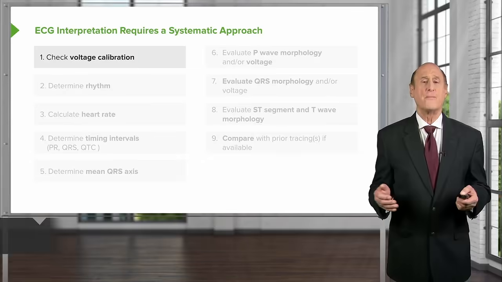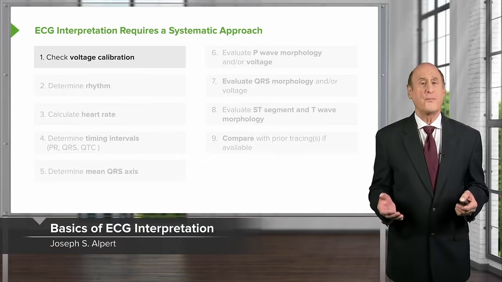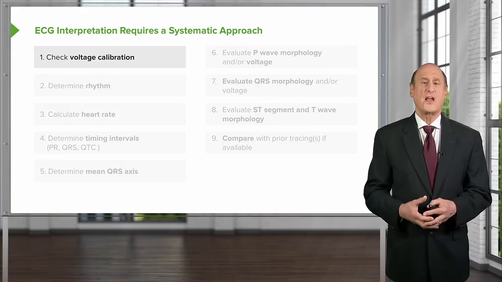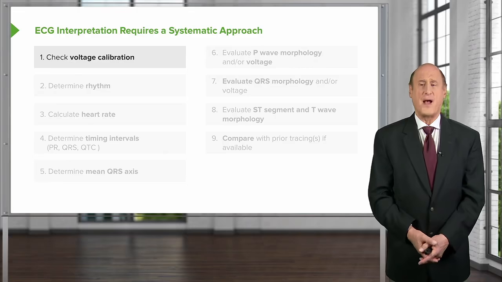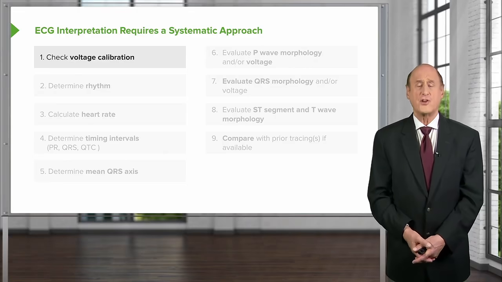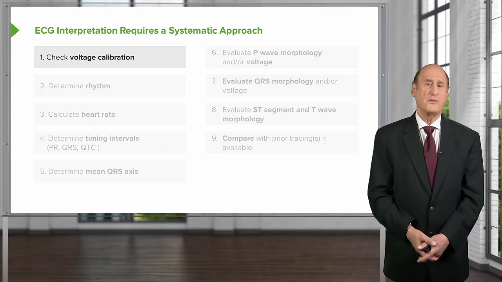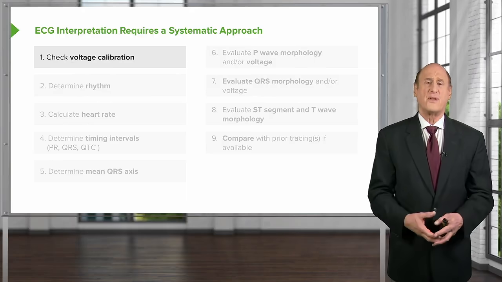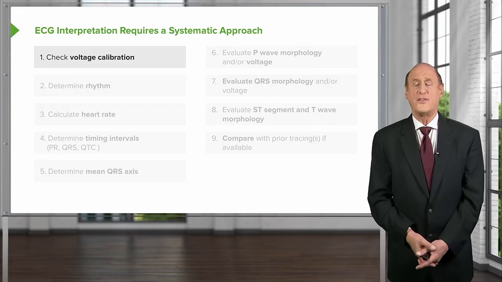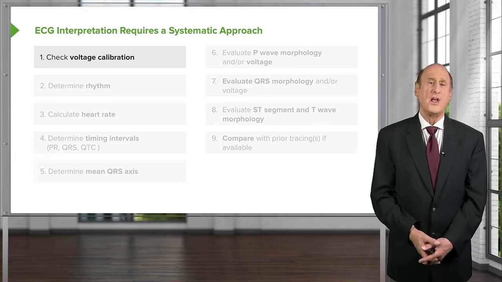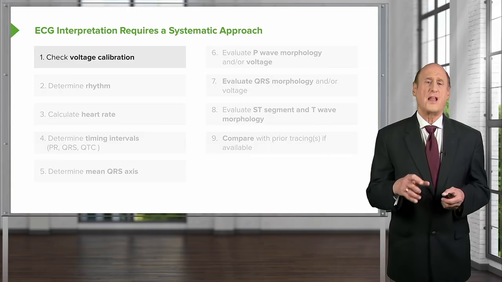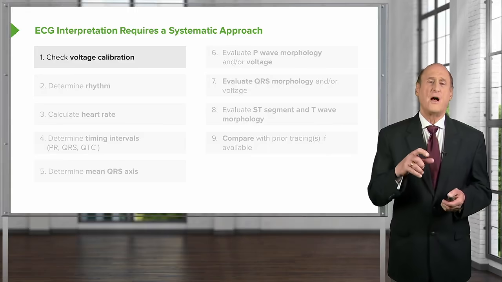So let's start with the most basic way of interpreting the ECG. The first thing you do is check the voltage calibration. What's this about? This is about the amplification of the image that the ECG machine is producing. Sometimes with arrhythmias, we want to enlarge the complexes, so we will double the amplification of the image. But usually, for almost all routine ECGs, the calibration is so-called 10 millimeters.